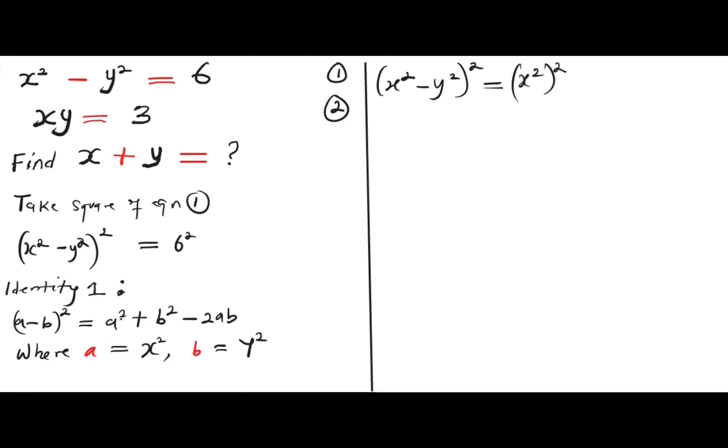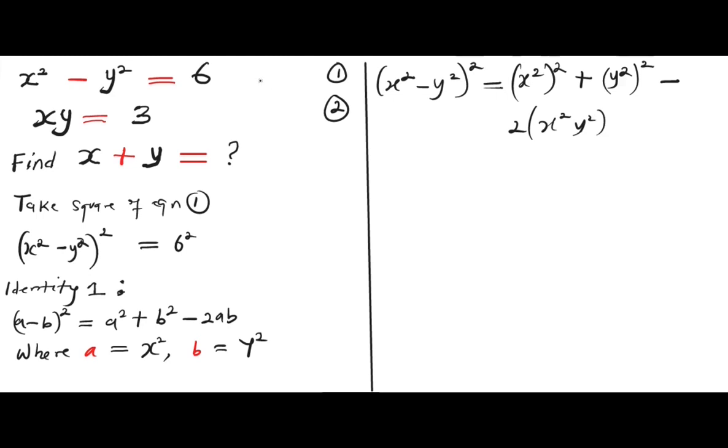So when a is raised to the power of 2, you're going to have x squared raised to the power of 2, okay? Plus b squared, that means (y squared) raised to the power of 2, okay? Minus 2 into a, and a is x squared, times b, and b is y squared, okay?